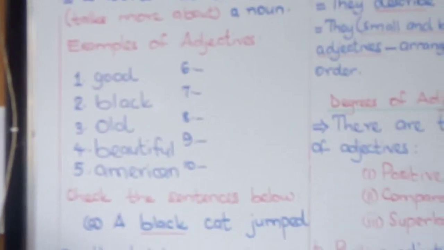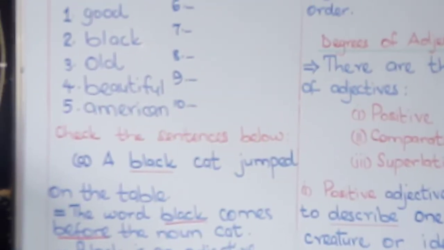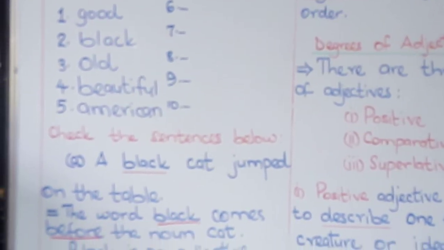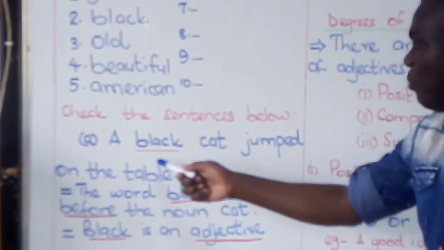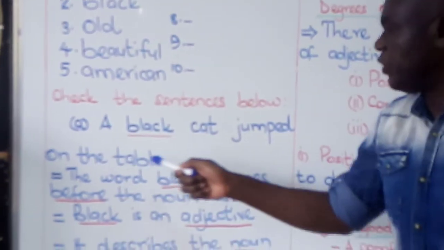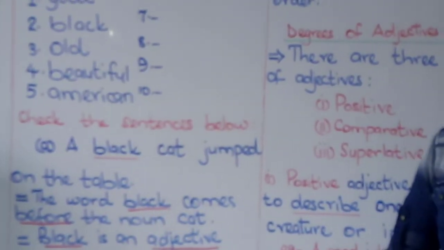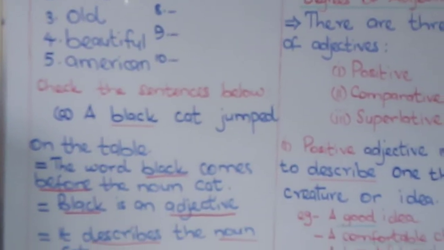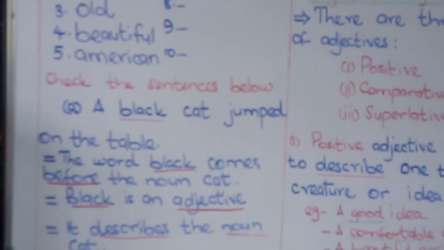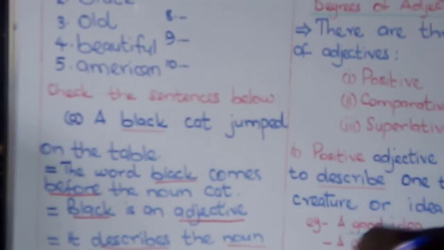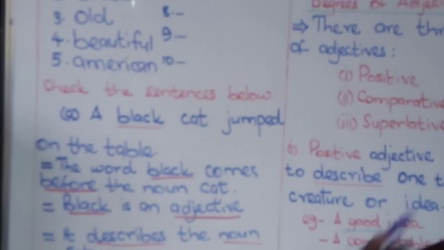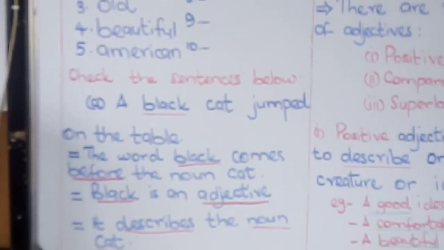Now, check the sentences below as the adjectives are used in sentences. A black cat jumped on the table. You know, jumping. Cats are agile in the house, so they jump from one place to another. Okay? So the word black is underlined.